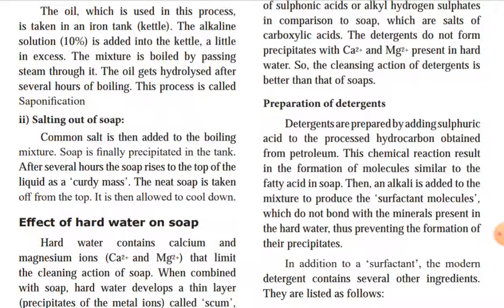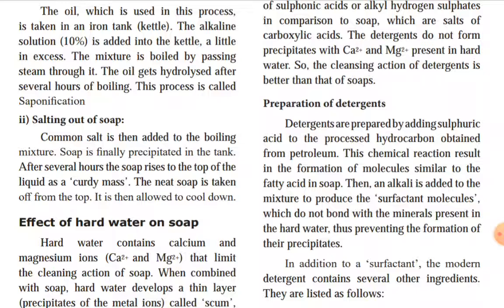Surfactant, what is called a surfactant? Surfactant means surface active agent. It is a type of substance such as detergent added to a liquid to increase its spreading or wetting property by reducing its surface tension.